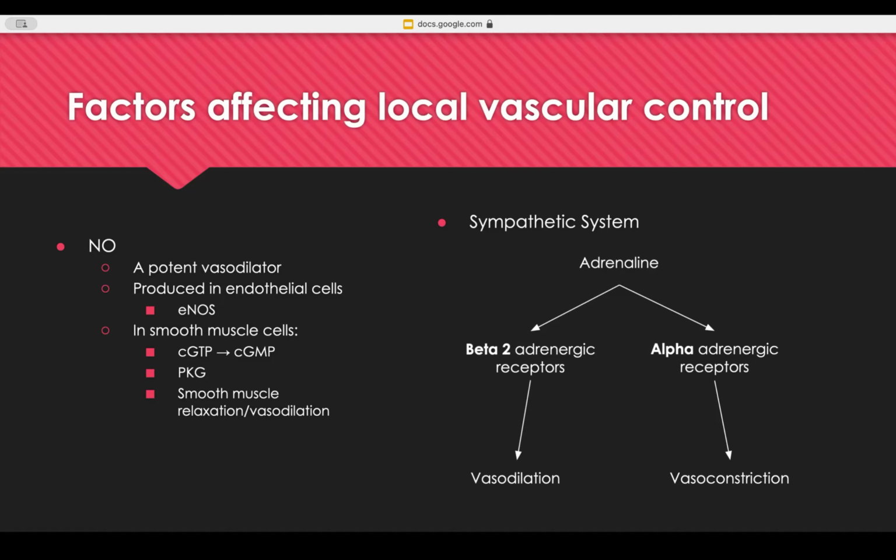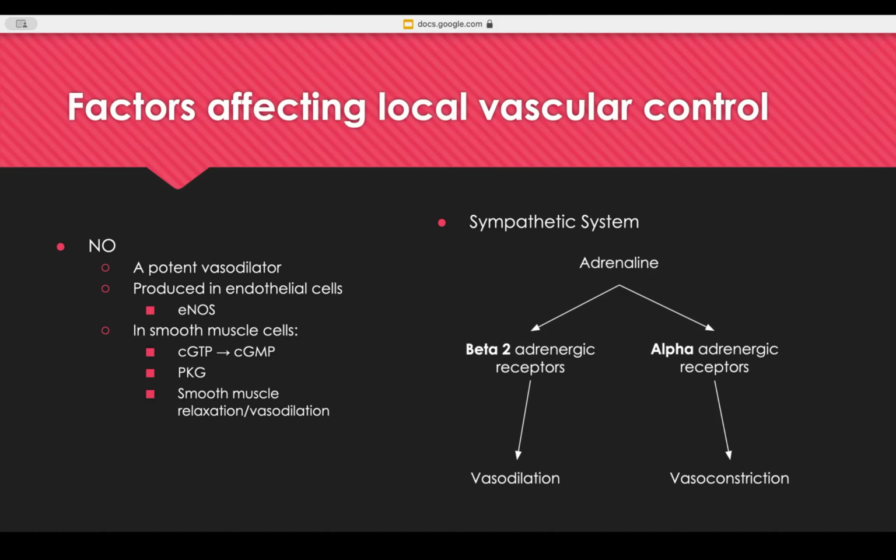The sympathetic system also impacts vascular control, and adrenaline acts on both beta-2 adrenergic receptors, which cause vasodilation, and alpha adrenergic receptors, which cause vasoconstriction. It's important that there are these two separate responses so that in fight or flight situations, blood is directed where it needs to go and away from where it's not needed.